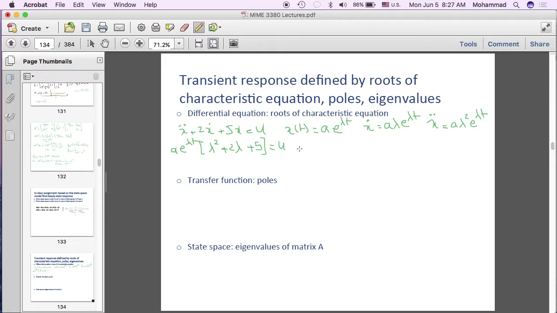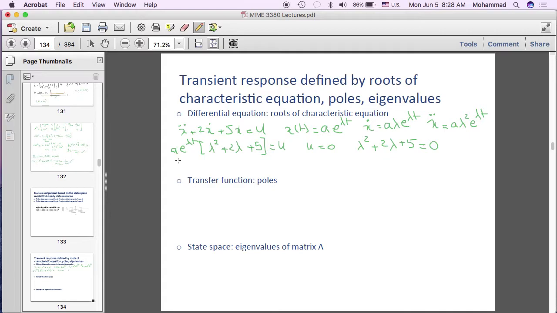So if you're after the homogeneous response, which means when u is 0, then what is left is that this characteristic equation has to be 0. Lambda squared plus 2 lambda plus 5 has to be equal to 0. Why? Because the other alternative is that e to the power lambda t is equal to 0.